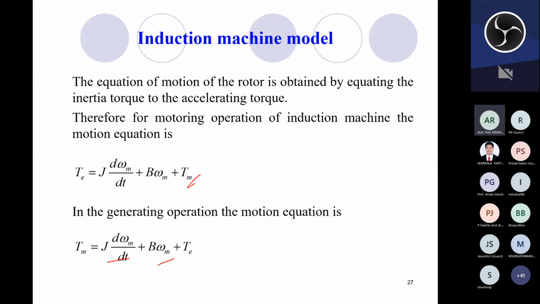So this equation is for the generator. When some prime mover is used to drive the rotor of the machine, it has to overcome this inertia, viscous friction, and the electromagnetic torque, which is responsible for the conversion of mechanical power to electricity. That is the opposition which the machine has to overcome to generate electricity.